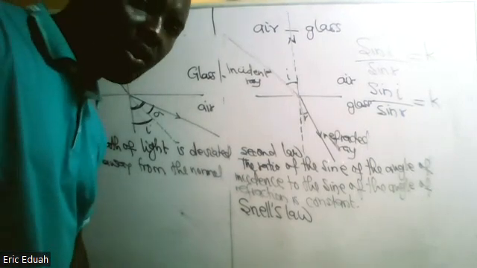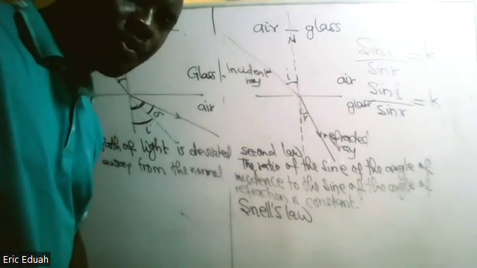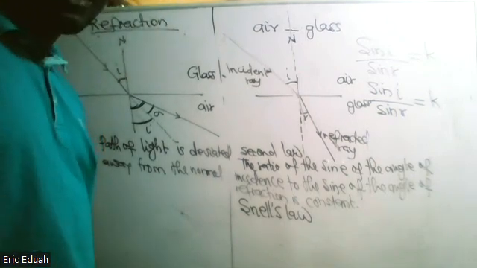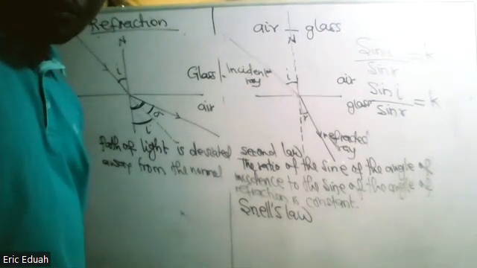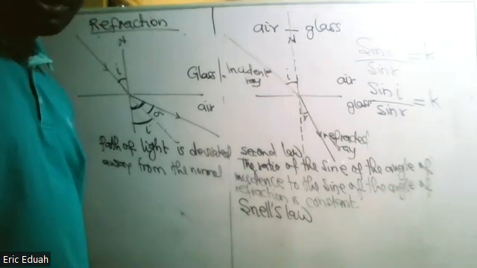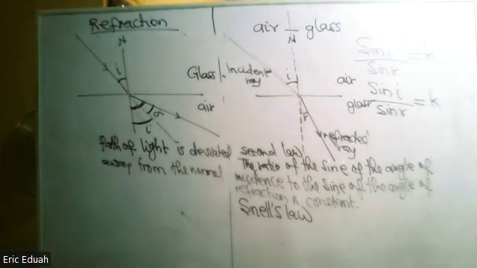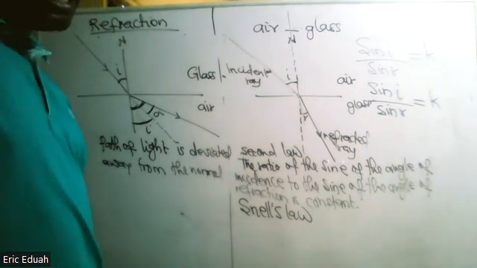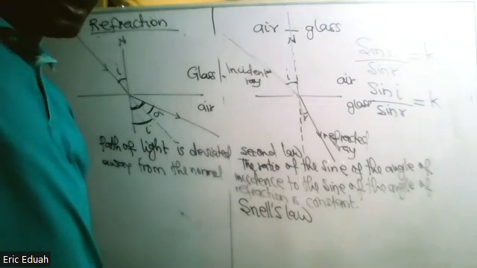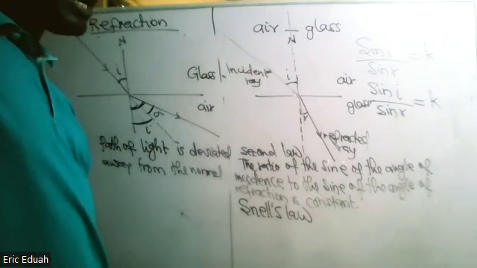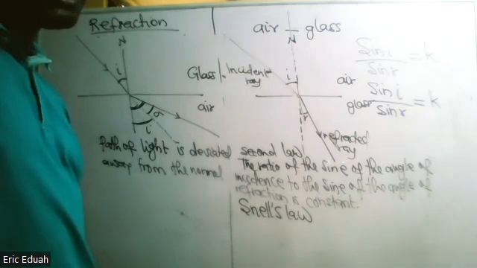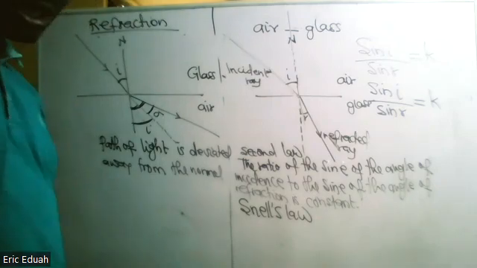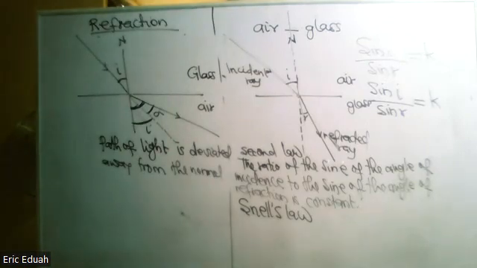So Snell's law says that whenever light is propagated from one medium into another of different optical density, then the ratio of the sine of the angle of incidence to the sine of the angle of refraction is equal to a constant.